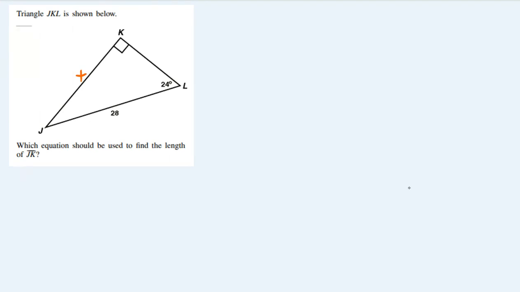If I look here, I'm given angle 24. Your X is opposite of angle 24. The 28 is the hypotenuse since it's across from the right angle. Since it's opposite over hypotenuse, that would be using sine, because sine is opposite over hypotenuse. So we'd have sine of 24 degrees equals opposite over hypotenuse, which is 28.